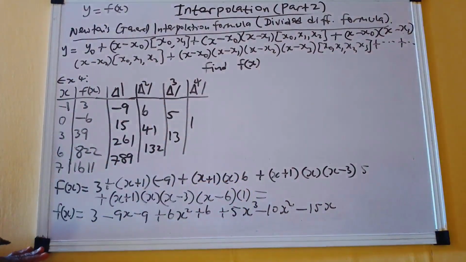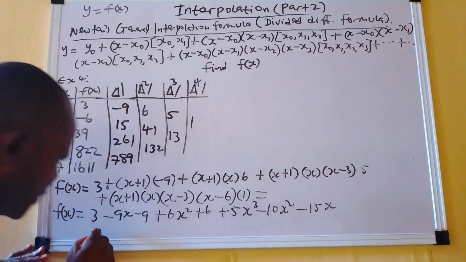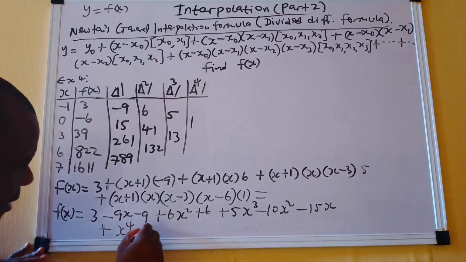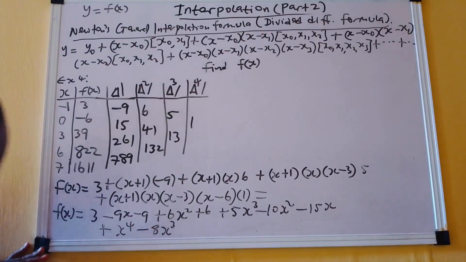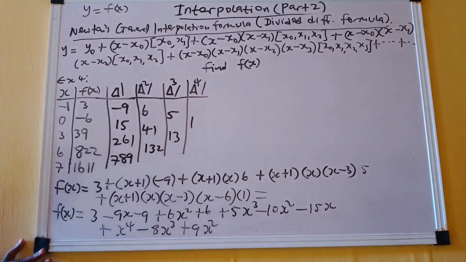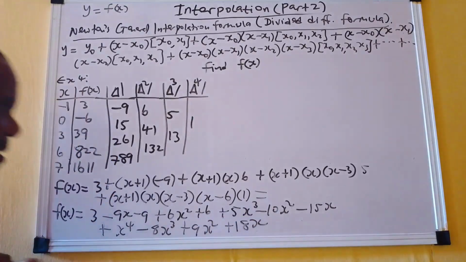Then when you expand this one, you are going to have plus x raised to the power 4 minus 8x raised to the power 3 plus 9x squared plus 9x squared plus 18x.